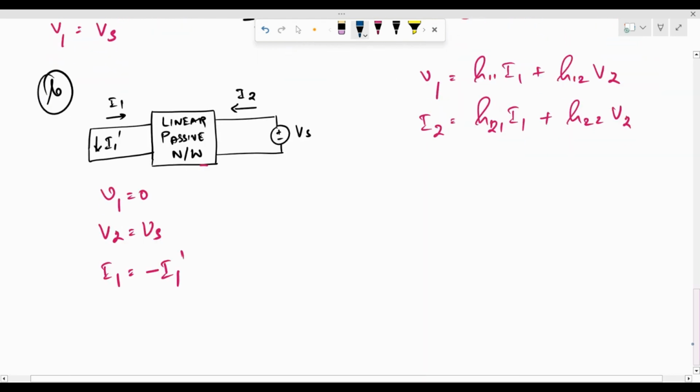So let's go back to this. Here, let me replace it in these equations. So I get 0 is equal to H11 into minus I1 dash plus H12 V2.